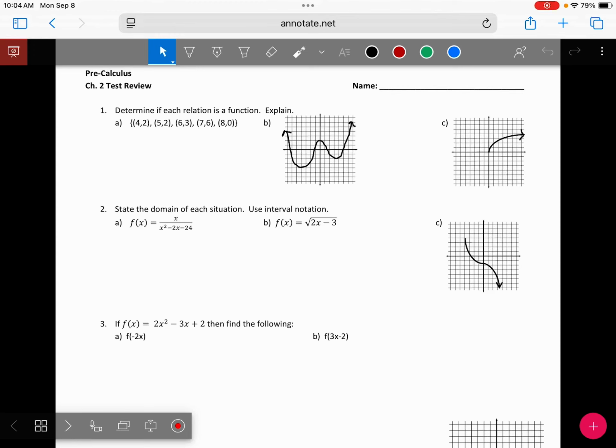Okay, so let's start working through our Chapter 2 test review. Question number 1 is asking if the relation is a function.